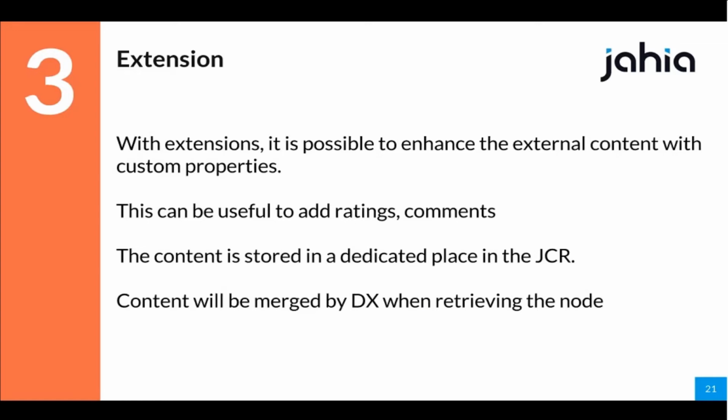And upon retrieval, on your side, you just have to retrieve the content of your external data. But then if there are any mixins, like for ratings, when we get the node, all those mixins will be reapplied and it will be seen as only one node. So the merging is done automatically by DX.